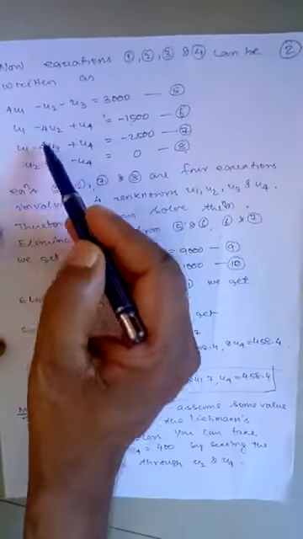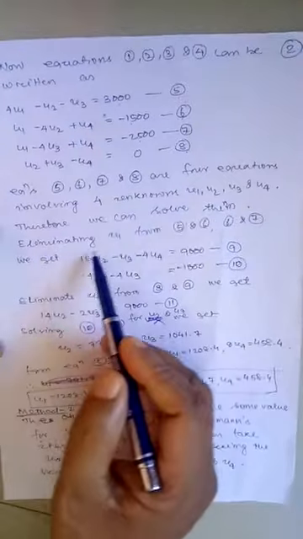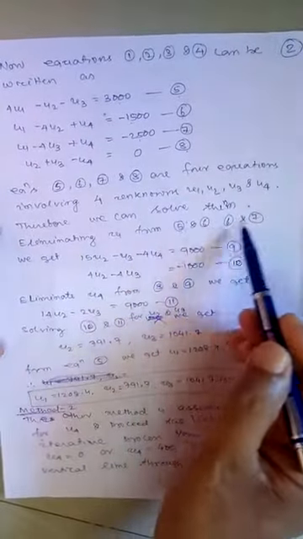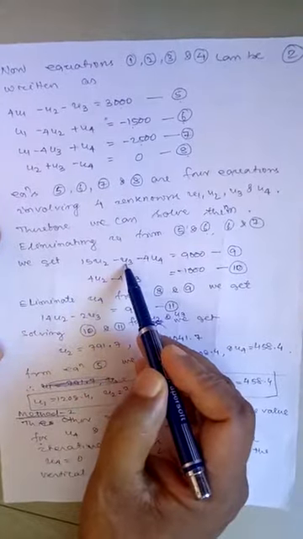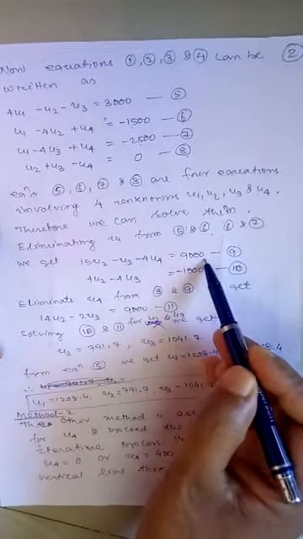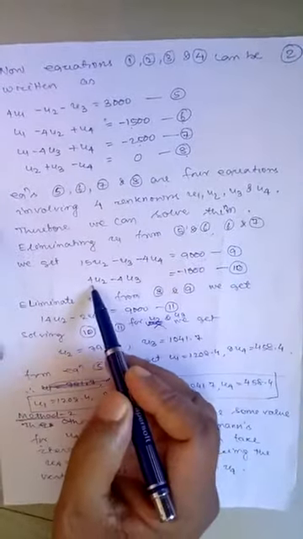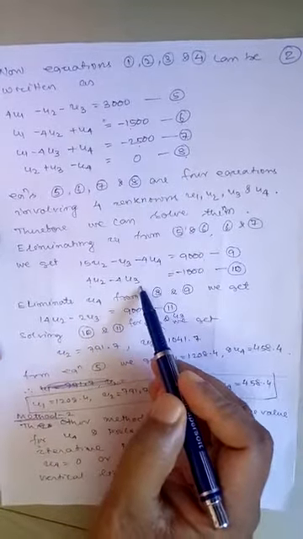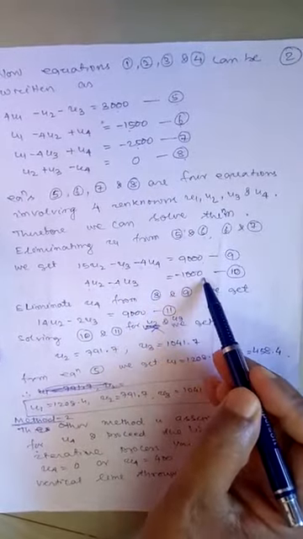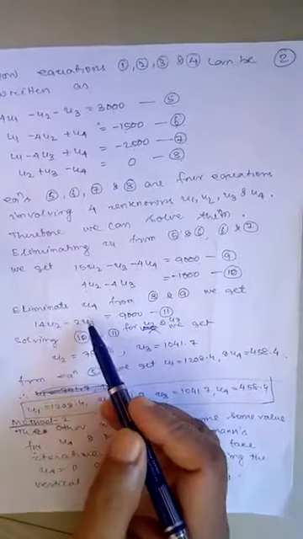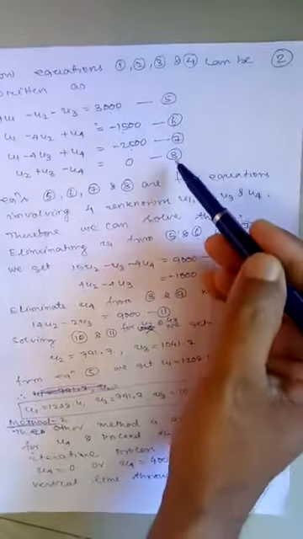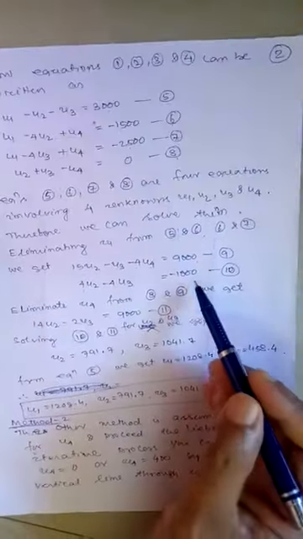Now you see, we can eliminate u1 from 5 and 6, and 6 and 7. So eliminating u1 from 5 and 6, and 6 and 7, we will get 15u2 minus u3 minus 4u4 equal to 9000, and 4u2 minus 4u3 is equal to minus 1000. And similarly eliminating u4 from 8 and 9. So this is my 8 and this is my 9.